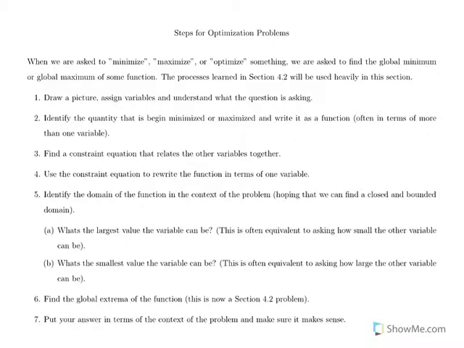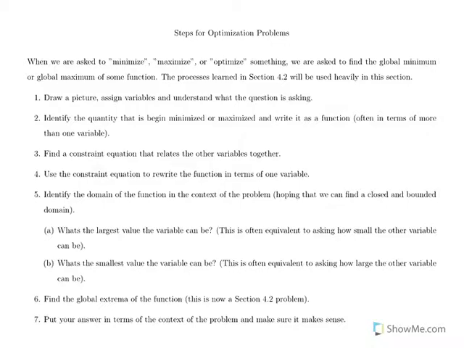If we have a closed and bounded domain, we're going to plug those critical points into the function, seeing which one is biggest and which one is smallest. If we don't have a closed and bounded domain, then we have to do some more work looking at the limits and testing the points using the first derivative test or second derivative test. That's what we did in section 4.2.